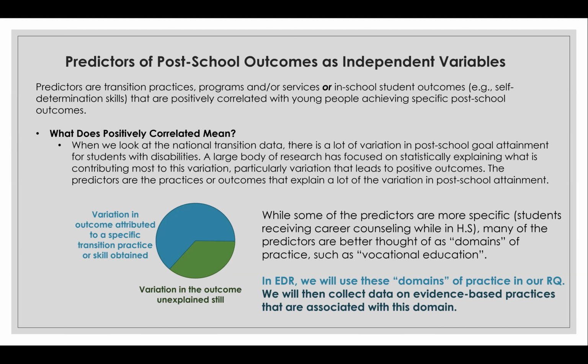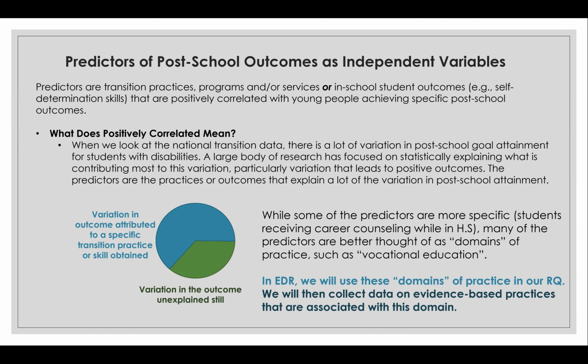And a large body of research has focused on explaining statistically what is contributing most to this variation, particularly variation that leads to positive post-school outcomes. The predictors of post-school outcomes are the practices or outcomes that explain a lot of the variation in post-school attainment. So the things that we do, practices, programs, and services, explain a lot of why students will have strong post-school outcomes.